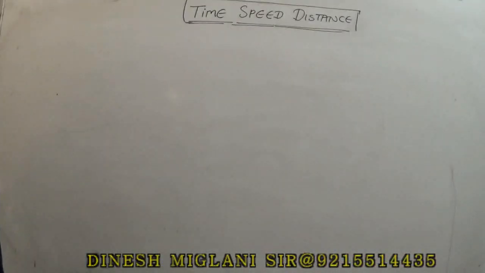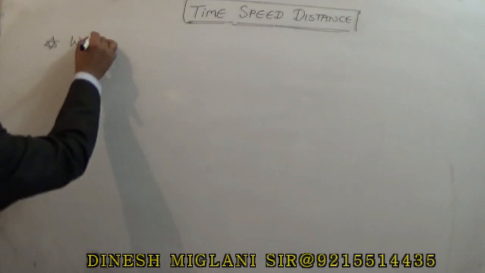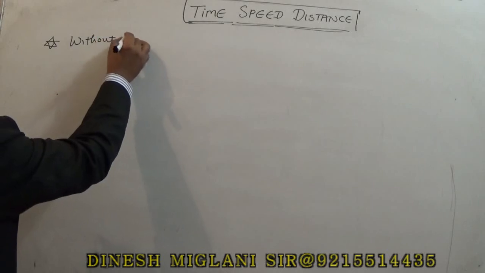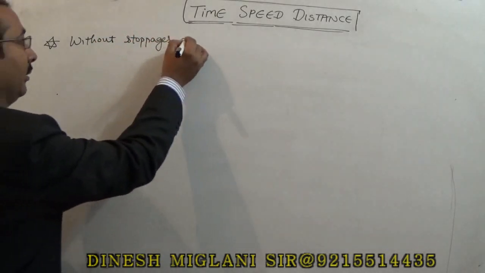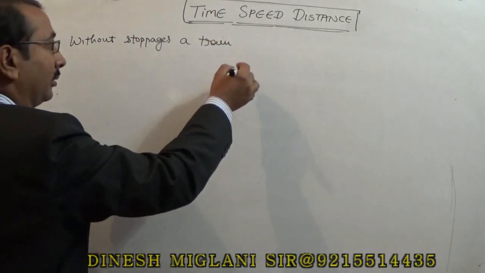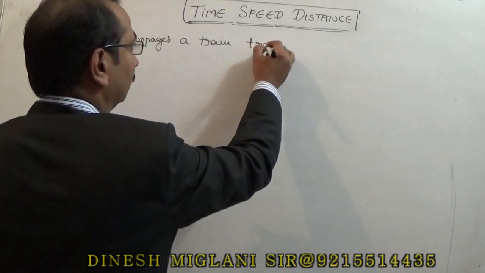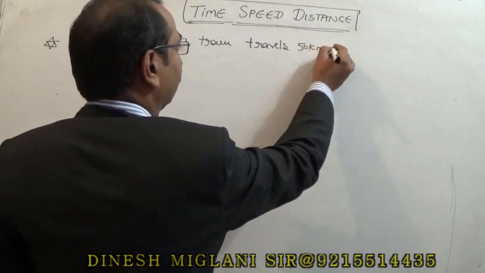Here I would like to discuss one very standard question. Without stoppages, a train travels 50 km in an hour.